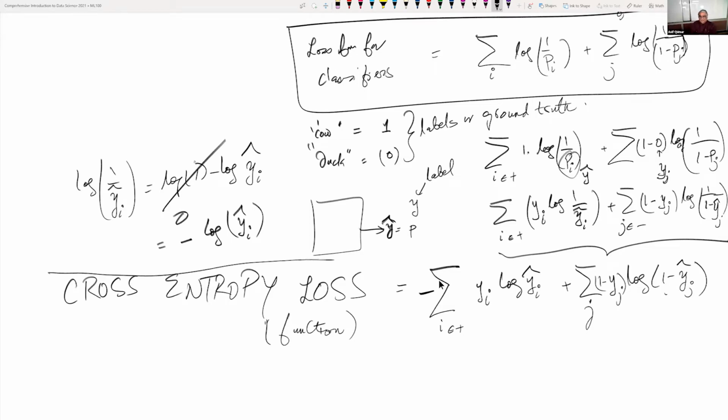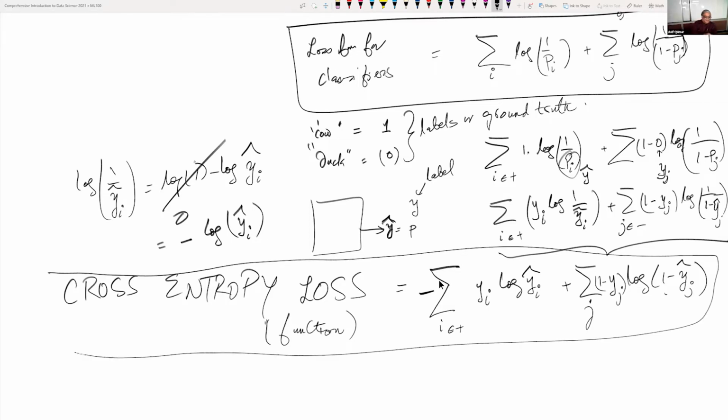So typically, books will often write this expression in this form, and then you feel sum squared error was so easy to understand. This expression, if you were to encounter it, you would wonder, where is it coming from? So now I've given you, hopefully, an intuition.